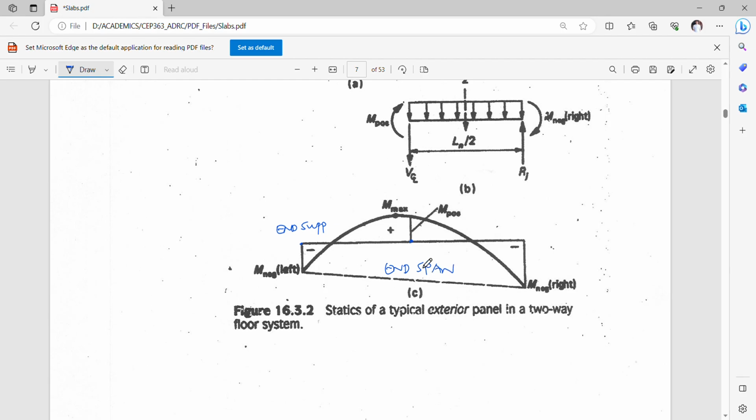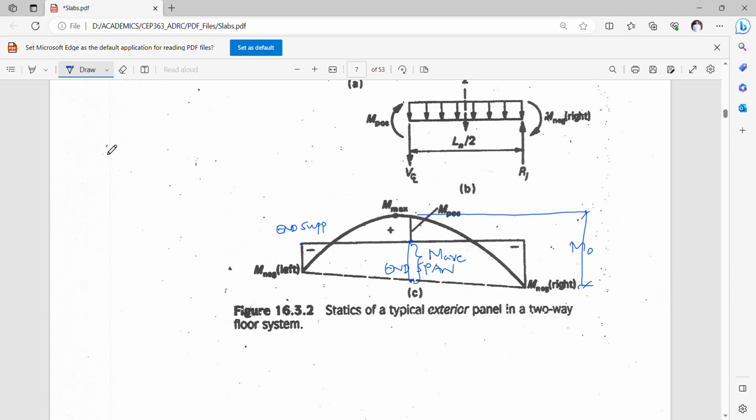If we only make use of some approximate calculations, then the static moment will be referred to the M positive max, which is simply the static moment Mo. But take note that your M negative at the left and the M negative at the right are no longer the same, so we have to take the average value here. This is the M average.